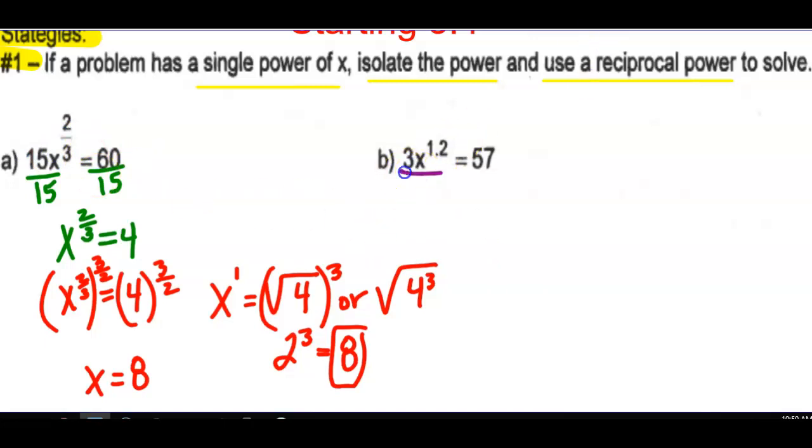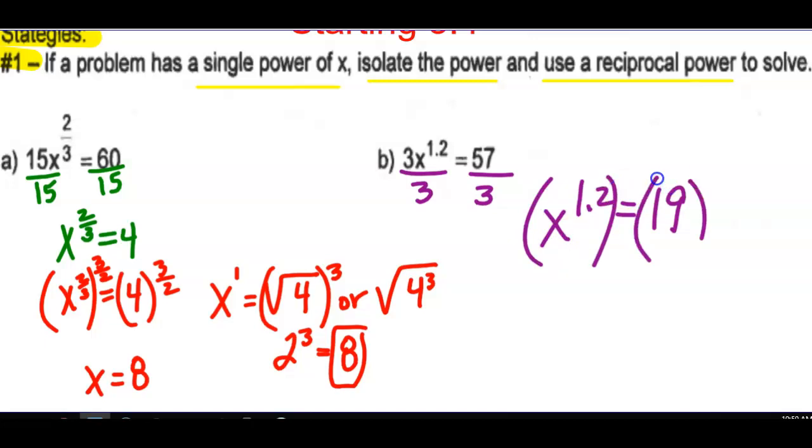Okay. This one we're going to divide by 3. And we get x to the 1.2 equals 19. Then we can do each side to the 1 over 1.2 power. Some of you realize that's 1 and 2/10 or 1 and 1/5 or 6/5.